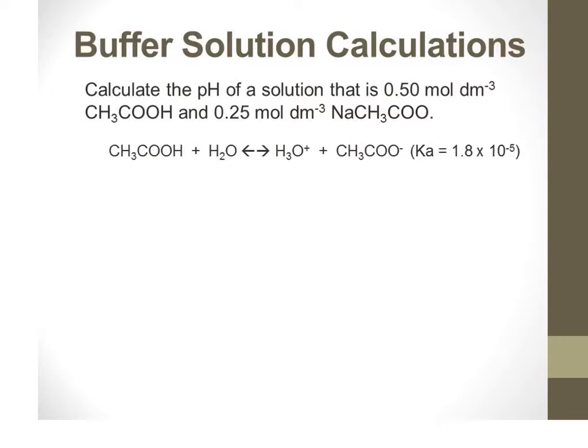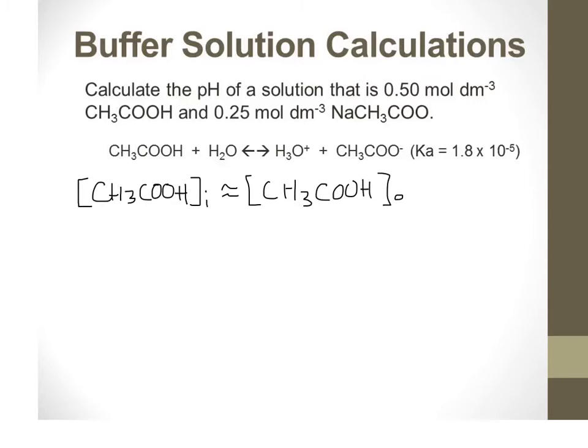We can do calculations to figure out the pH of a buffer if we're given the concentrations of our acid or base along with its salt. There are two assumptions that we're going to make with buffers. The initial concentration of our acid, in this case CH3COOH, is not going to be much different than the concentration we reach at equilibrium, because it's resisting those changes.